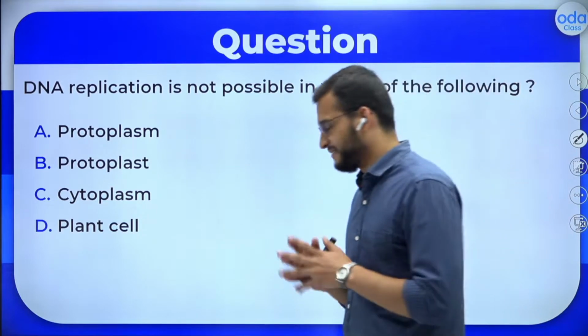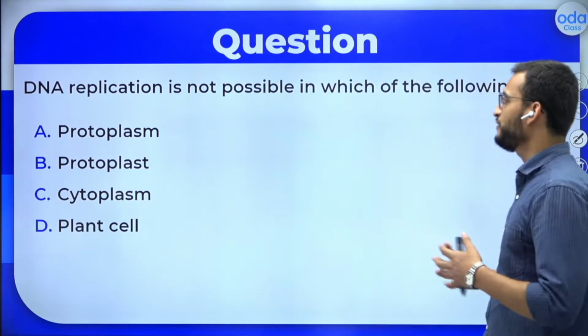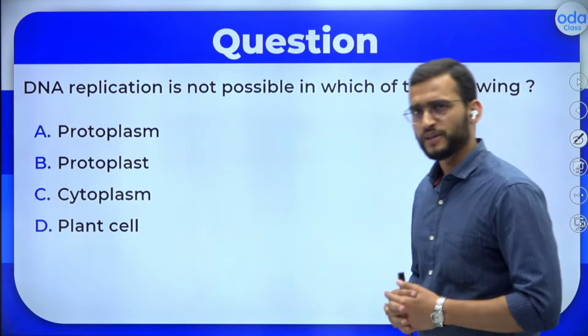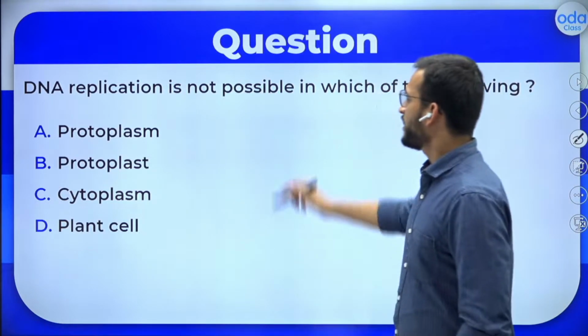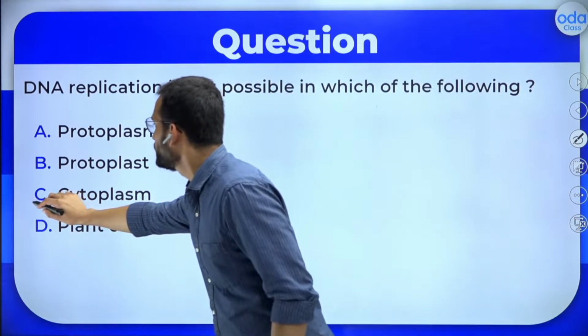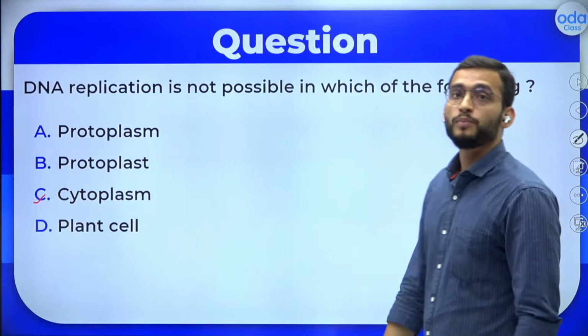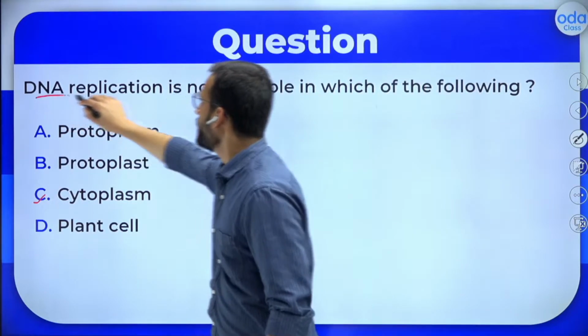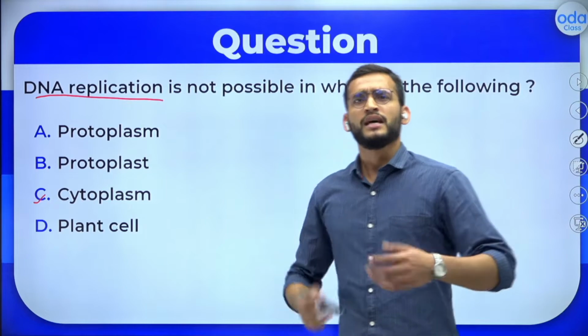I'm waiting for a while so that you can think and answer. Okay, so I'll be telling you the answer. The correct answer will be option C, that is the cytoplasm. Why, sir? Why is cytoplasm the correct answer? The question is saying DNA replication. What is DNA replication? Doubling of DNA.